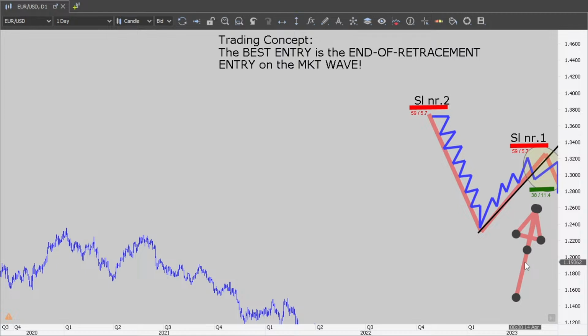White Rabbit says stop loss number 2. Anybody else? The best entry is the end of retracement. Sam, stop loss number 1 or stop loss number 2?